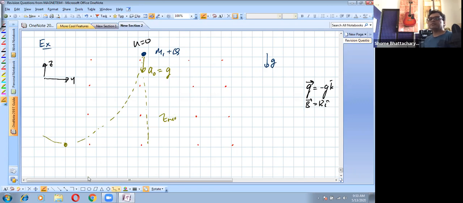And when it reaches this point, now we know that its velocity will become maximum in magnitude, and its acceleration will be like this. And this acceleration will be equal to magnetic force minus mg divided by its mass.